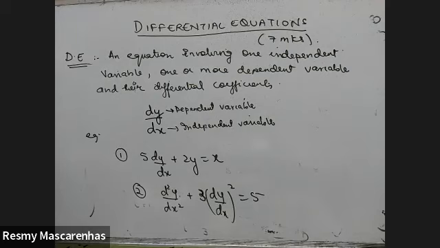It could be any power, 2 times differentiated, 3 times differentiated, doesn't matter. And along with the differential coefficients. These are called differential coefficients. No questions will be asked on what is dependent, what is independent, just because it is there in the definition given. Otherwise, it is not necessary for you to know this.